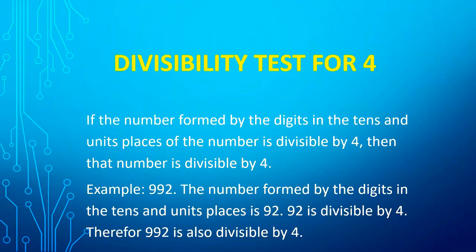The number formed by the digits in the tens and units places is 92. Children, you can see here in 992, the number formed by the units and tens places is 92. So, if 92 is divisible by 4, then the entire number, that is 992, is also divisible by 4.